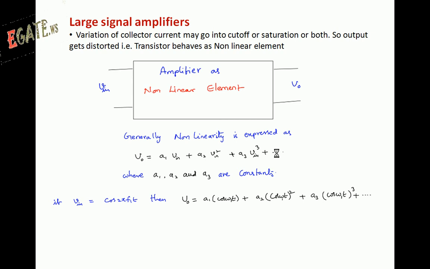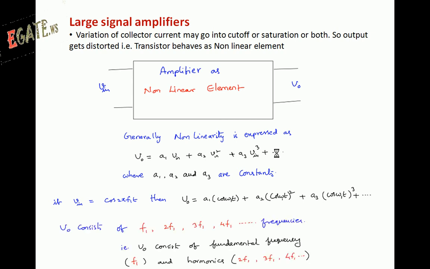So output consists of integer multiples of fundamental frequency f1 along with f1, that is V0 consists of f1, 2f1, 3f1, 4f1. So we can say V0 consists of fundamental frequency f1 and harmonics. Harmonics is nothing but integer multiples of fundamental frequency, that is 2f1, 3f1, 4f1.